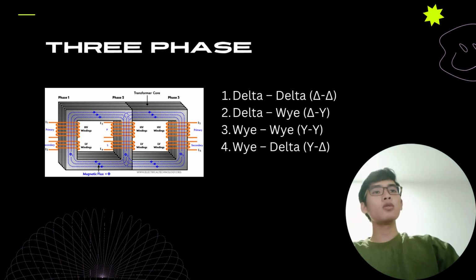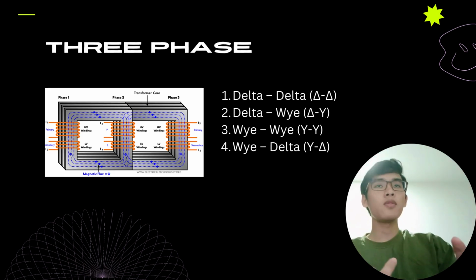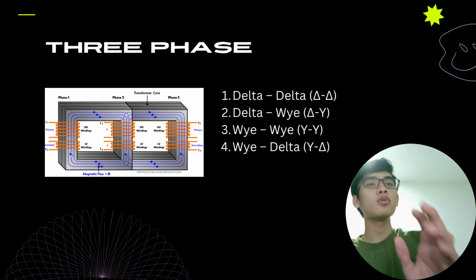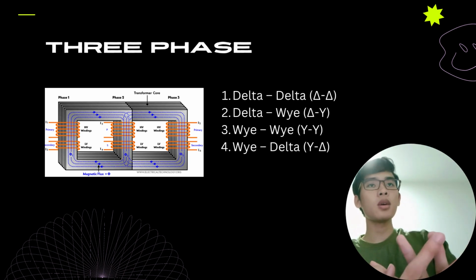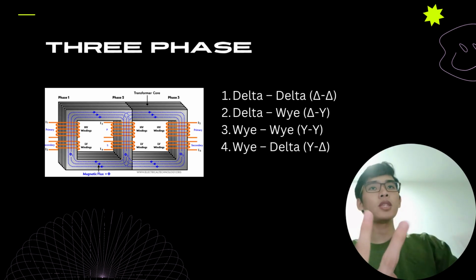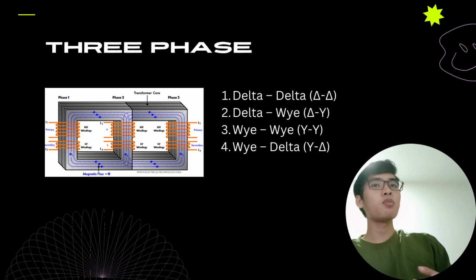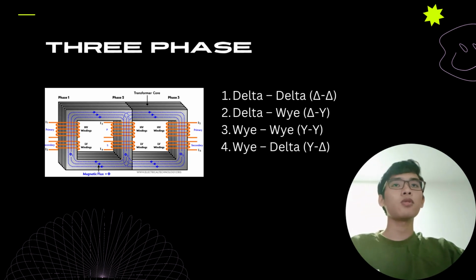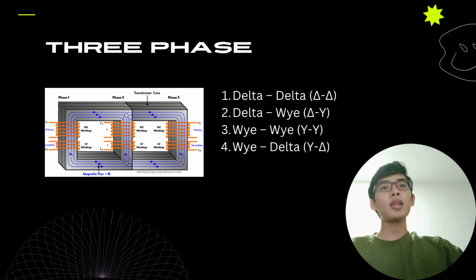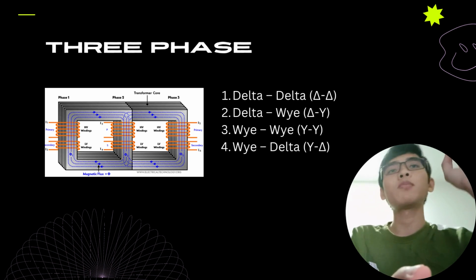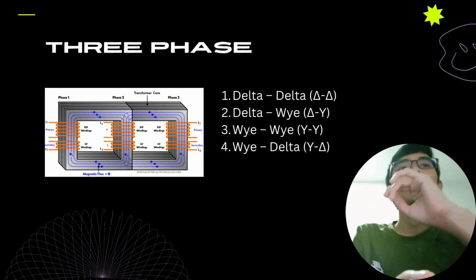There are many ways to configure the coils or to bank the three single-phase transformers together, but usually we use delta-delta, delta-y, y-y or y-delta configuration. There might be variation in the output depending on how we configure the three-phase transformer. We can get a three-phase power supply from this transformer, but we can also get single-phase power supply from this if we want to.